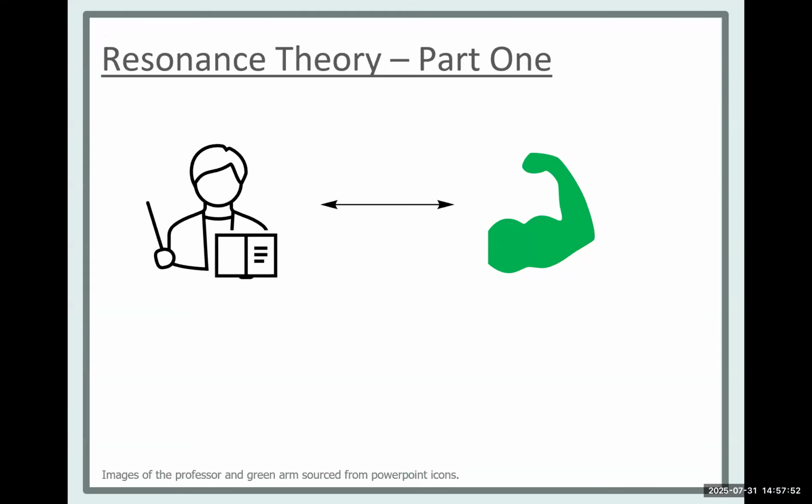If he gets angry, he hulks out and turns into this super strong green man. In the beginning of the movies, he is moving back and forth between a male professor and this green monster. Resonance theory is often depicted like that, as two separate structures interconverting between one another. But in reality, it's more like what happens at the end of the movie.